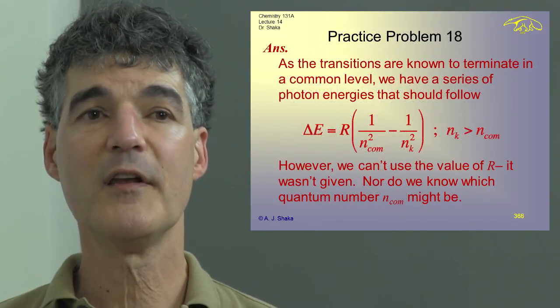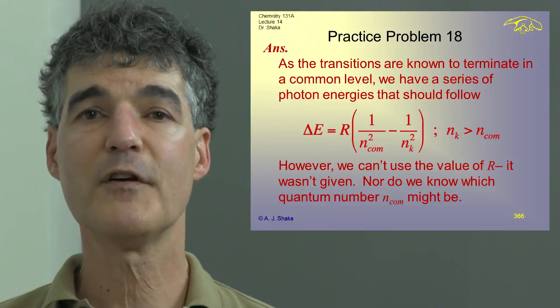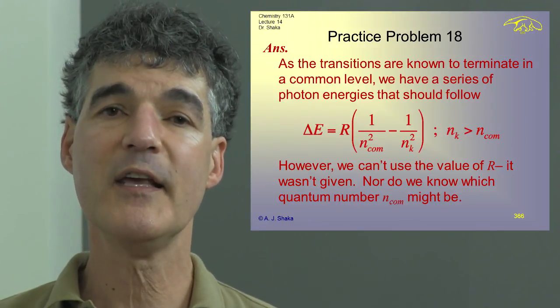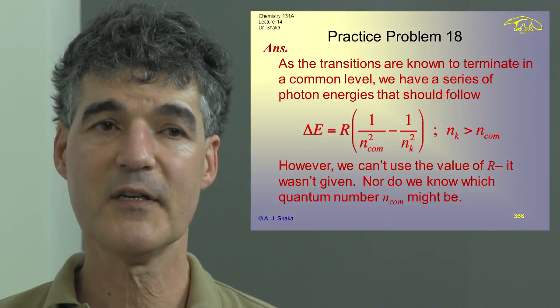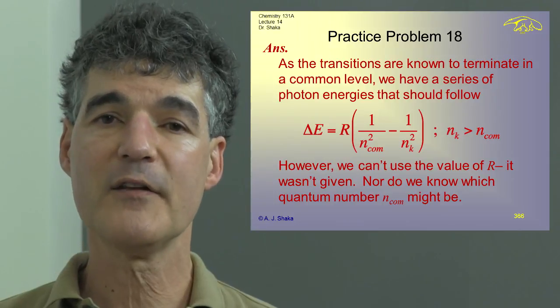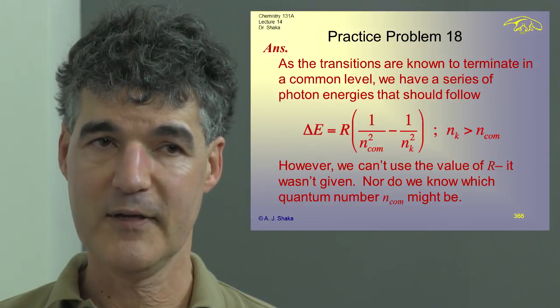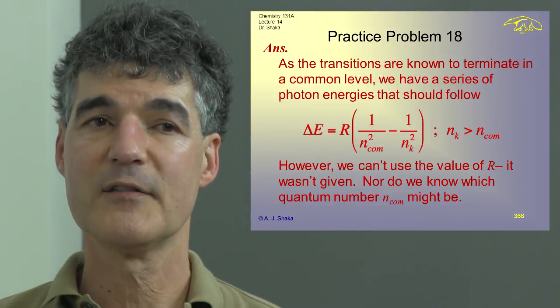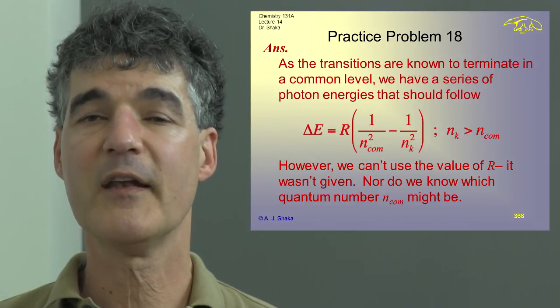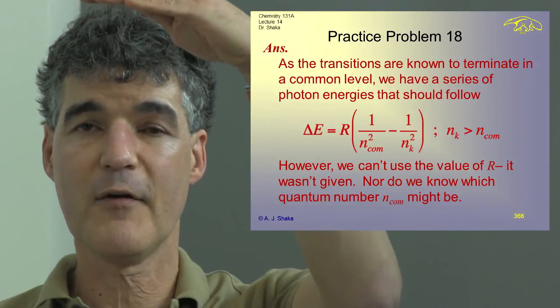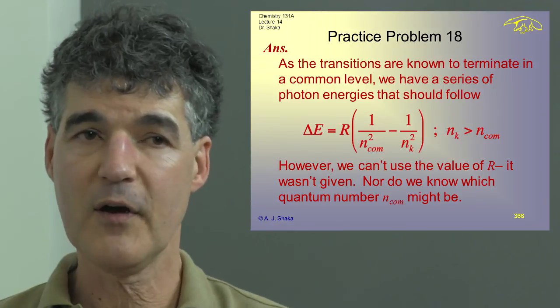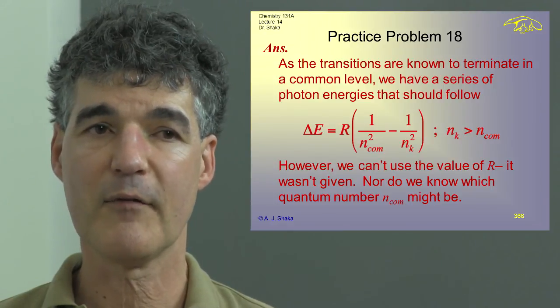And so the way we're going to do that is we first write this formula that delta E is equal to the Rydberg constant times 1 over n squared common level minus 1 over nk squared, where nk is some higher number, higher up, dropping down. We don't know what the common level is, however.